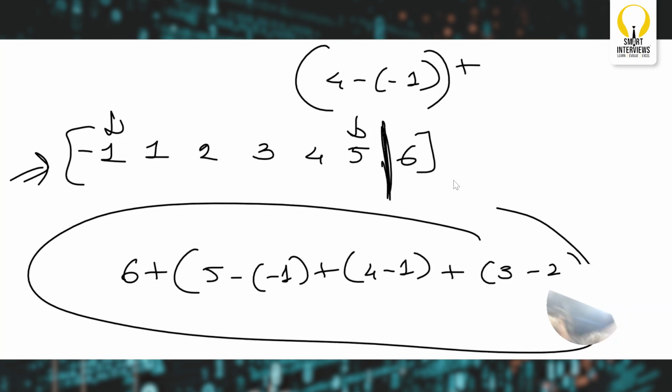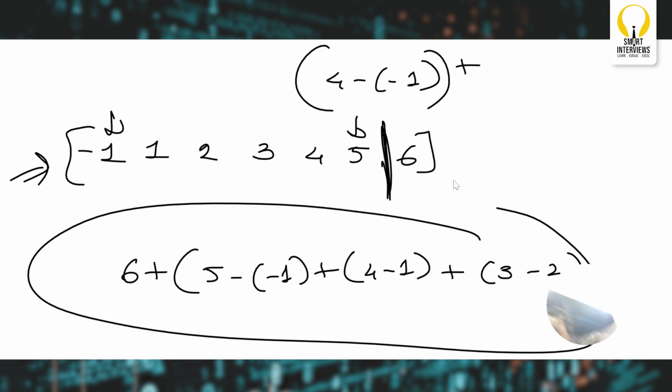On top of it, some values will get added. Basically, 5 minus of -1 will be contributed to your maximum value. 4 minus 1 will be contributed in the next iteration. 3 minus 2 will be contributed in the next iteration.